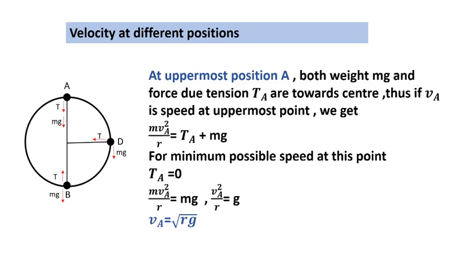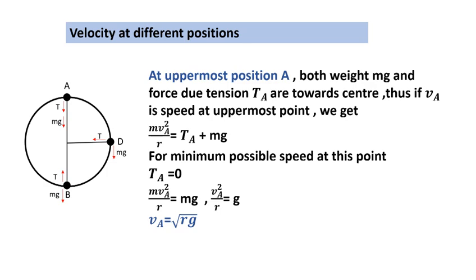If VA is the speed at the uppermost position, we get mVA square upon r is equal to TA plus mg. For the minimum possible speed at this position, the tension can just be equal to 0.